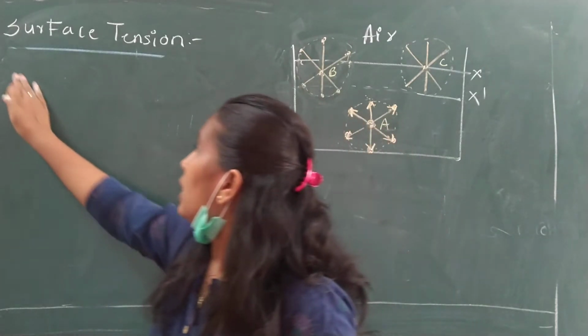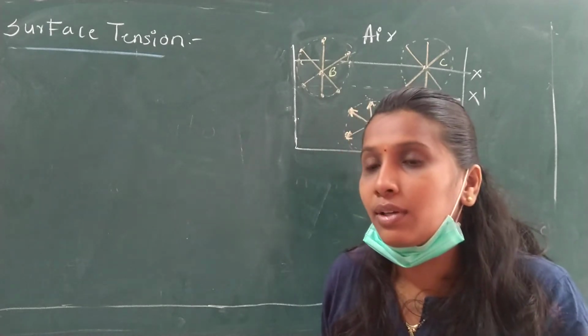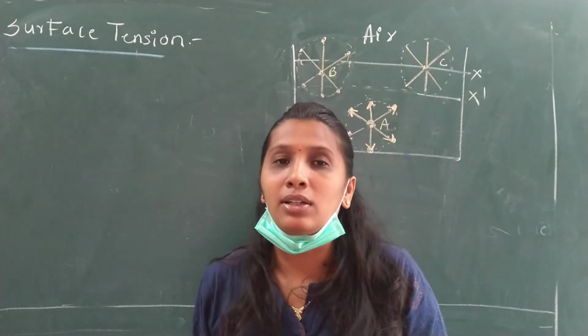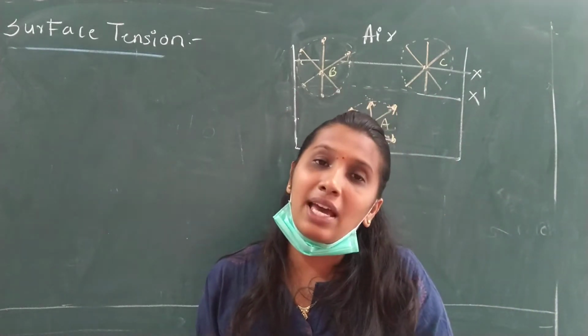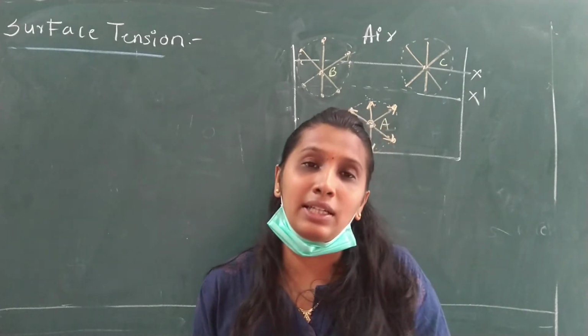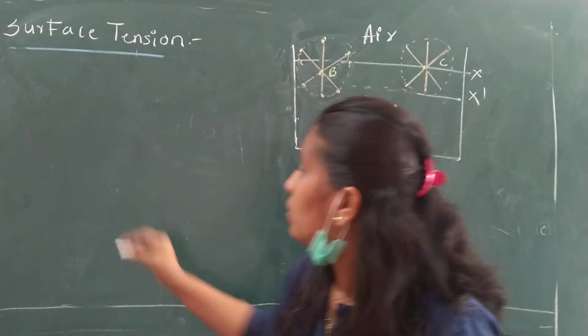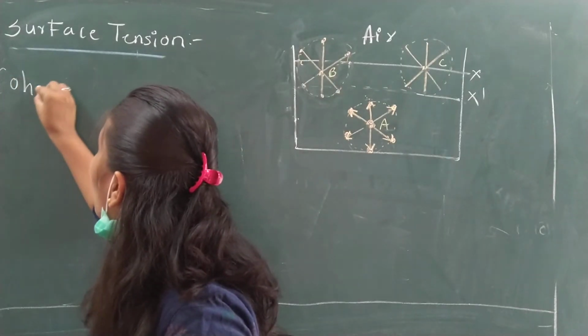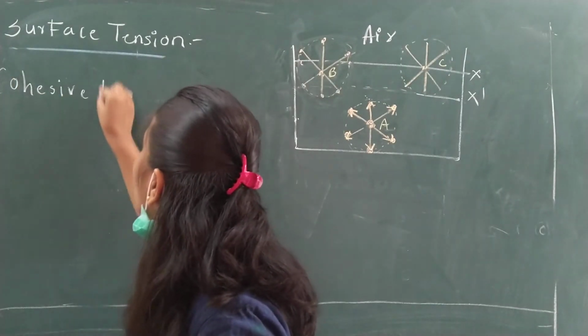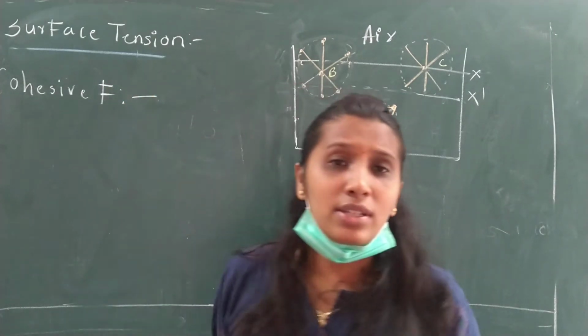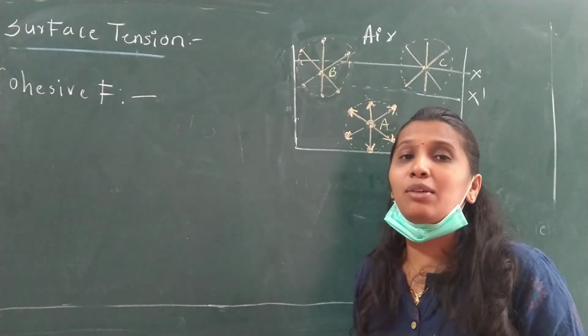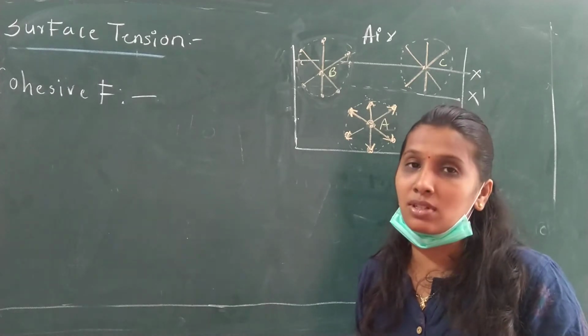In each and every molecule, say if I am talking about water, in water molecules there are some forces which are acting. So we are going to see about these forces. The first term is cohesive force. Cohesive force is a force which acts between the molecules of the same substance.